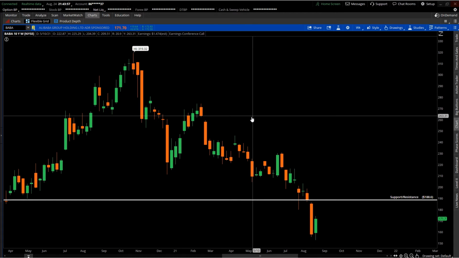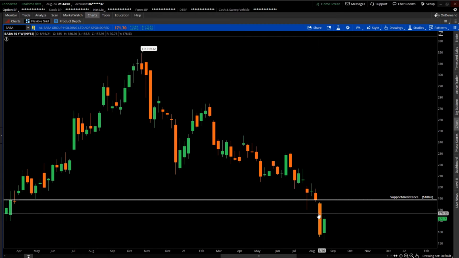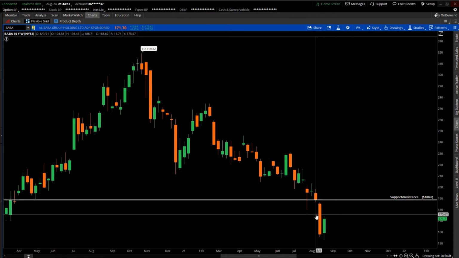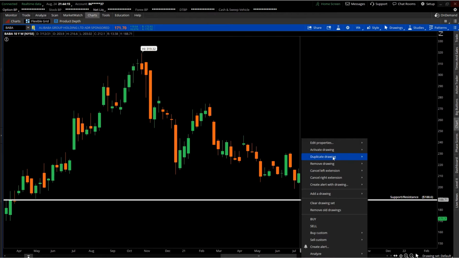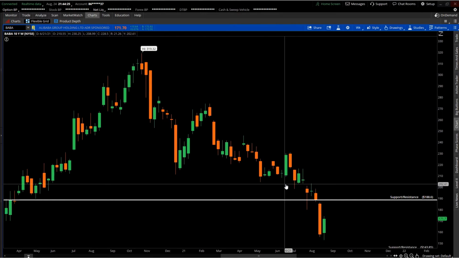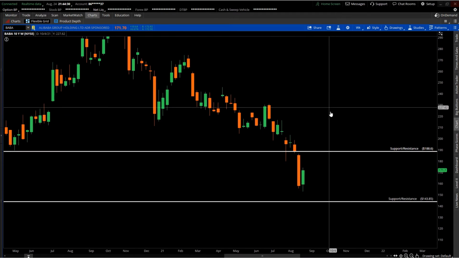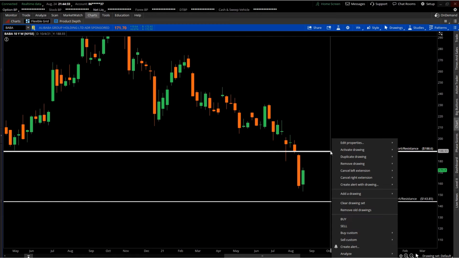So looking at the weekly chart, I did quickly identify a support resistance at 188.60. And at the same time, I also identified two other levels here. The second one is 143.85, right here, and the center point.